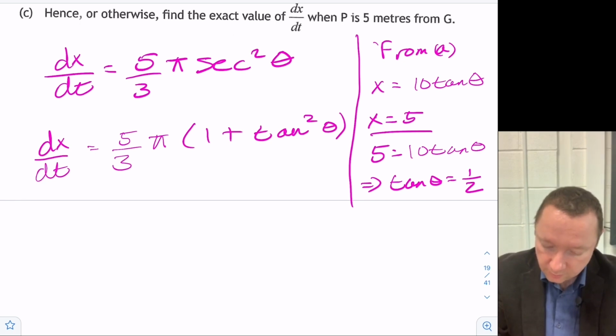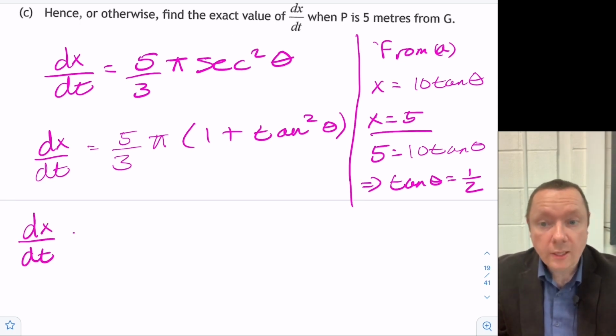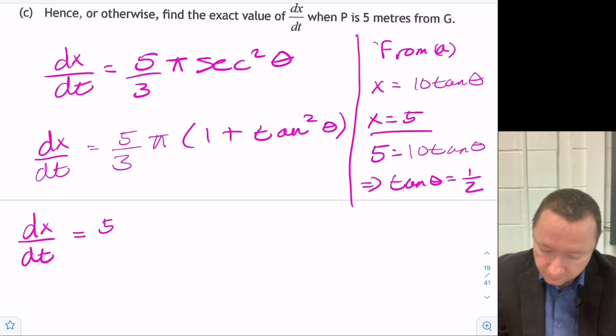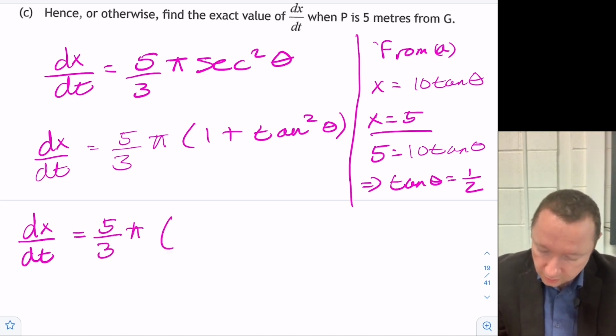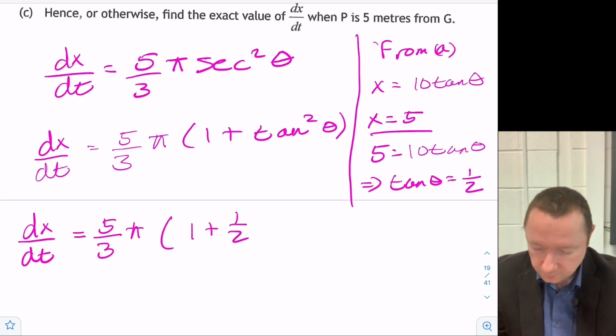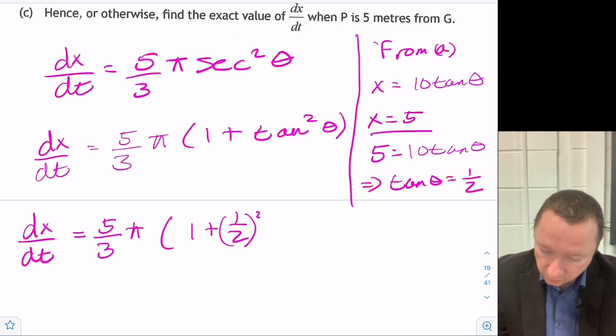So dx by dt is going to equal 5 over 3 pi times 1 plus a half squared, obviously at x equal to 5.